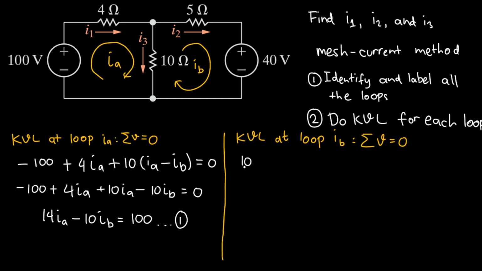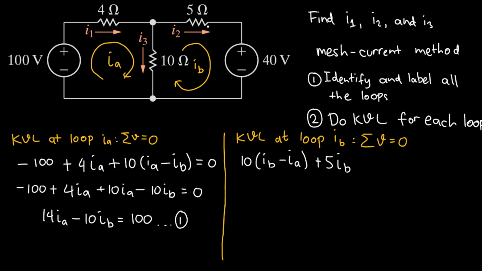But currently we are working on IB here, so we multiply it by IB first. But if you see here, IB is going up, but IA is going down, which is the opposite direction of IB. So I subtract IA from this. Good. And then now we have this 5 ohm resistor. So I will have plus 5 multiplied by the only current that passes through it, the loop current. So we will have IB there.